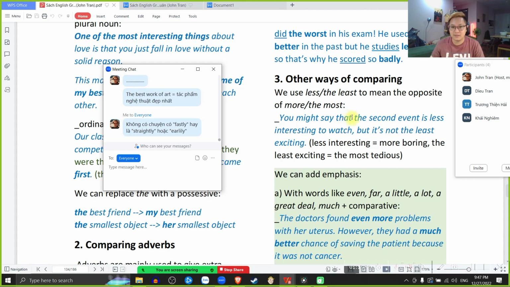Now, other ways of comparing. Other ways of comparing, we use the least to mean the opposites. The opposite of more or the most.